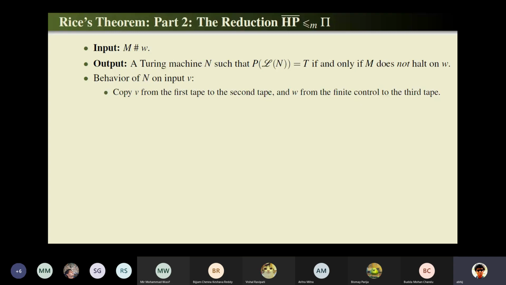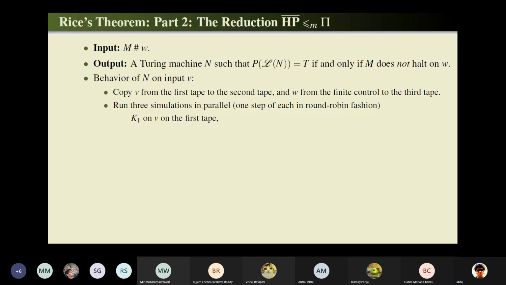So run 3 simulations in parallel, one step at a time in round robin fashion or independently. This is perfectly possible or doable.